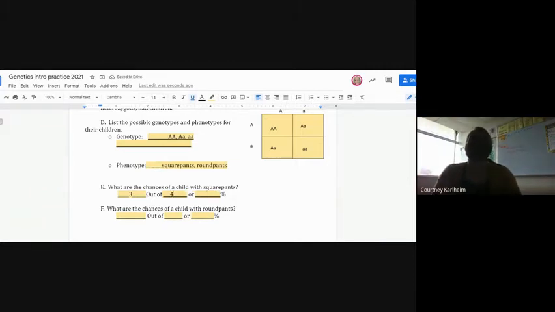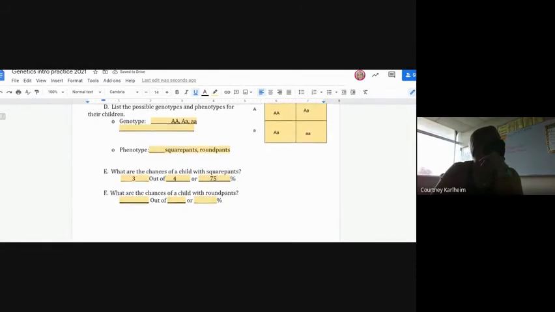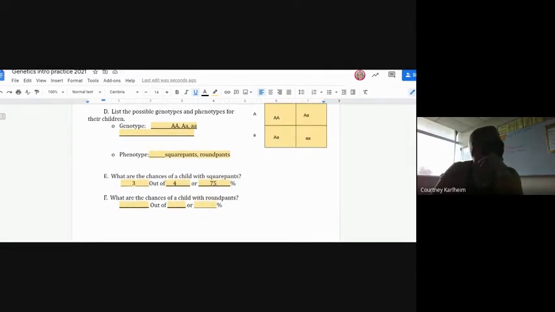If you had 3/4, you would have 75 percent. And what would be the probability of having a round pants child? Yes, 25 percent.